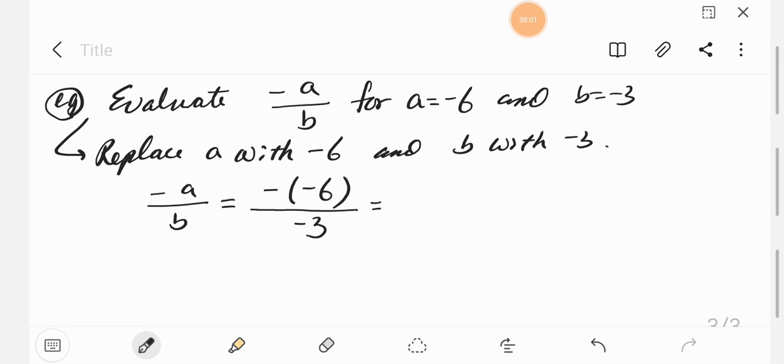Then the numerator is what? Opposite of negative 6. So that is positive 6. So the numerator is 6 and the denominator is negative 3.